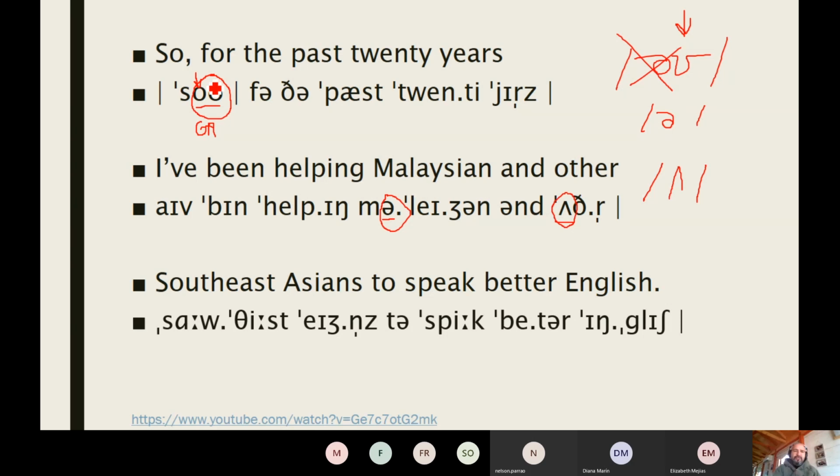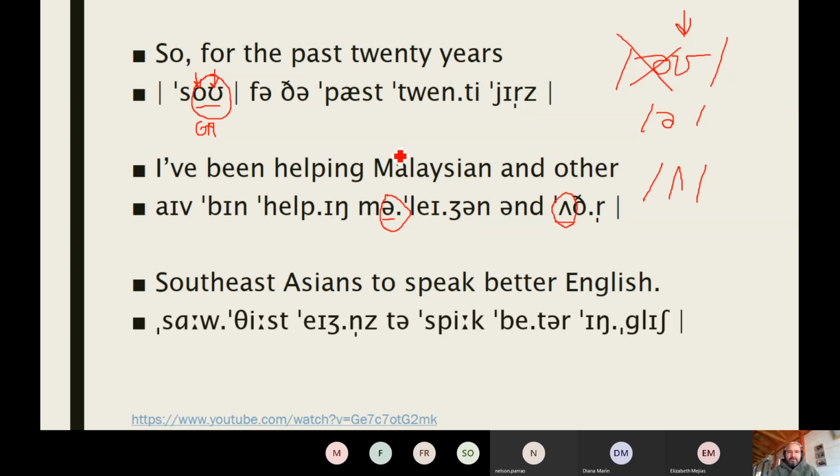And it glides towards a second sound, which is high and back. Exactly.